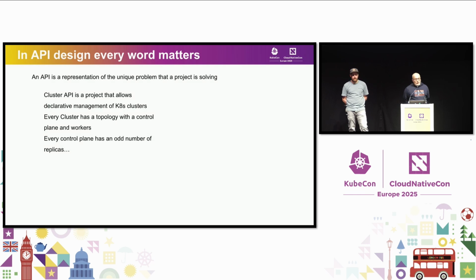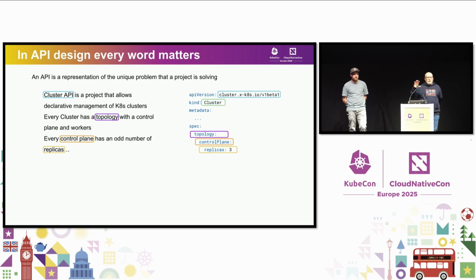So let's think about an API. An API is a representation of what your project is doing. Every project is solving a unique problem. If you think about Cluster API, this is a short project statement for Cluster API. If you think about the corresponding Cluster object, you can imagine it as a different representation of the same statement.